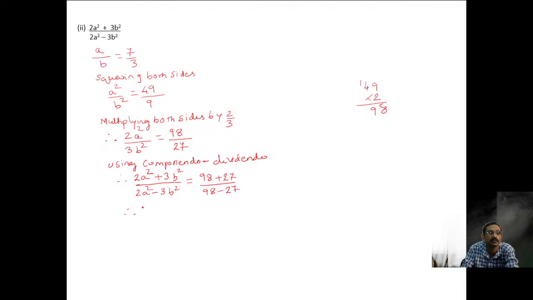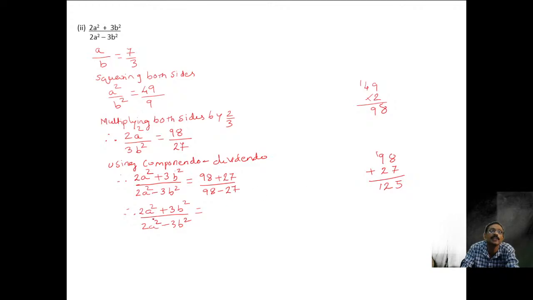Therefore, 2a square plus 3b square upon 2a square minus 3b square is equal to, let us add 98 and 27. 98 plus 27, what do we get? 7 plus 2 is 9, 9 and 1 is 10, 11, 12.